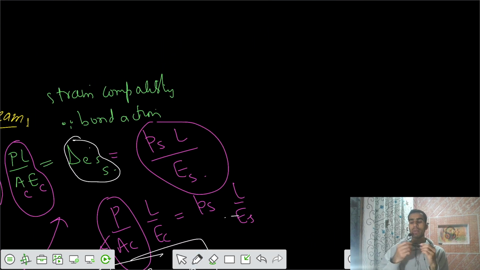So initially you are applying stress on the wire by, let's say, elongating the wire by 30 mm, and because of that the stress in the steel wire developed equals 1500 megapascals. But now when we cut the wire, it tries to come back and shorten the concrete, and based on the compatibility of strain, the steel wire is also going to shorten.